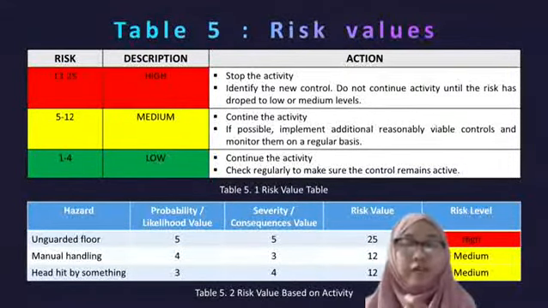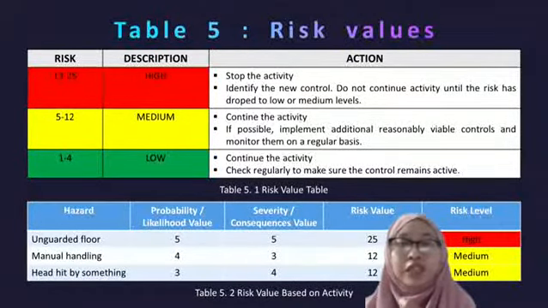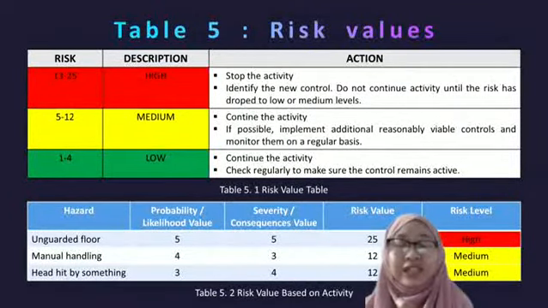Next, table 5, risk values. So the different colors mean risk level. The red is high, the yellow is medium, and the green is low. The action for each risk level is different.